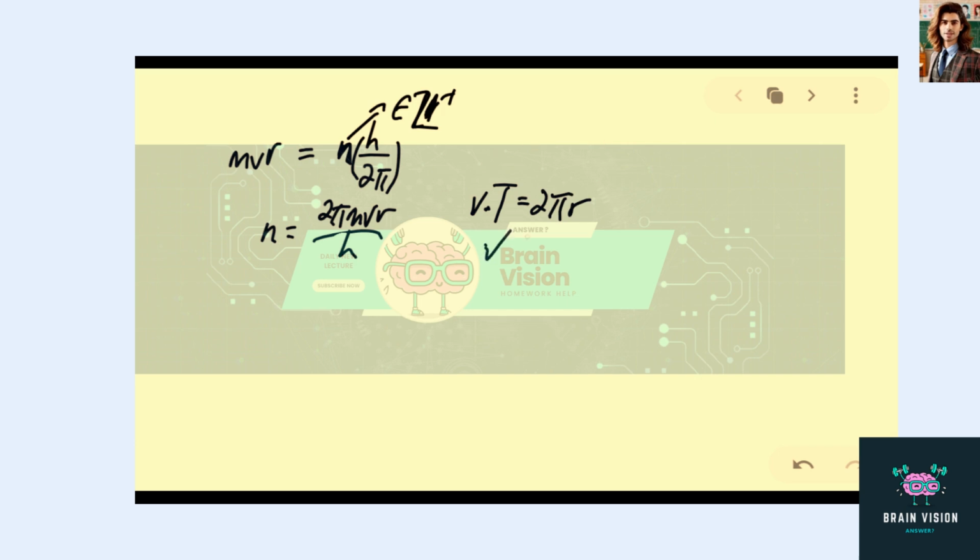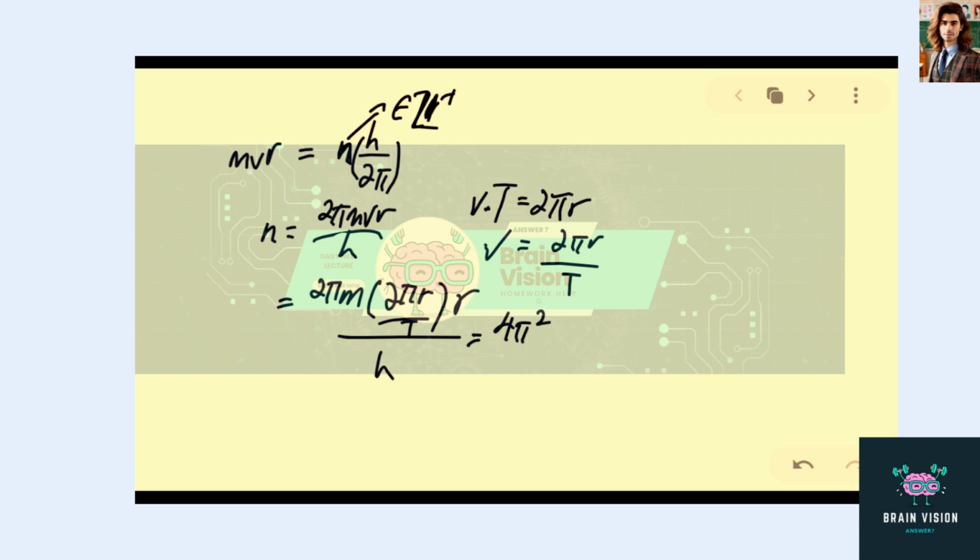Therefore, the velocity is just 2 pi r over T. So we substitute that in, and we get 2 pi m times 2 pi r over T times r over h. This gives us 4 pi squared m r squared over T times h.